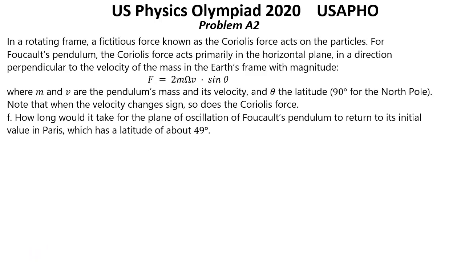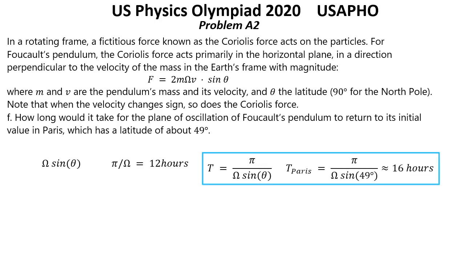Since the expression for the Coriolis force only depends on the combination omega sine theta, and since the solution at the North Pole must be pi over omega, equal to 12 hours, the time at a general latitude must be pi over omega sine theta. For Paris we have pi over omega sine 40 degrees, which is about 16 hours. That was the solution for question F, and that was the solution for all of problem A2.